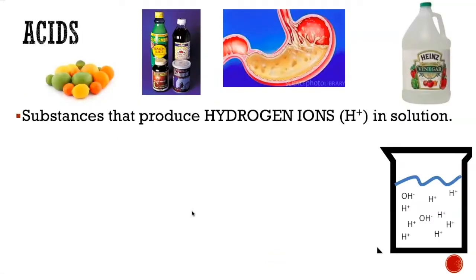We'll start with acids. Substances that produce hydrogen ions, or H pluses, in solution are called acids. Any solution that is acidic is going to have more H pluses than OHs. So all of a sudden we're no longer balanced. We've got a lot more H pluses than OHs, and that's what makes something acidic.